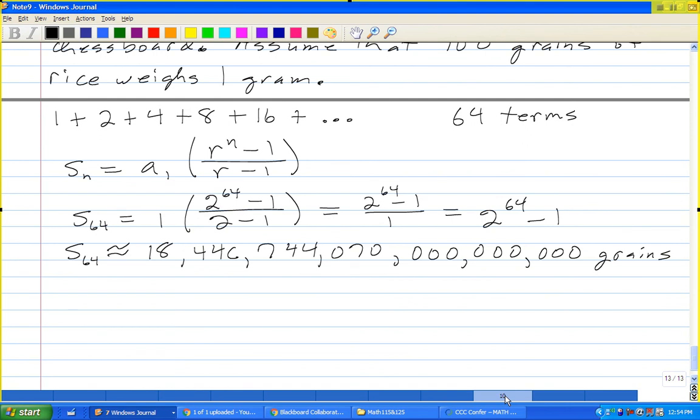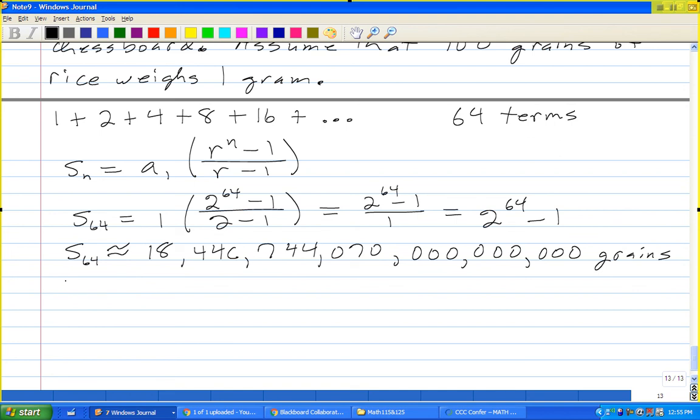It would be thousand, million, billion, trillion, quadrillion. It would be 184 quadrillion dollars, by the way, if you do pennies. Okay, so that's why it becomes unreasonable when you do pennies, because that's just too much money. So this grains of rice is a little bit better because it's at least smaller.